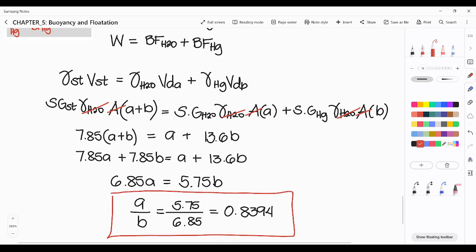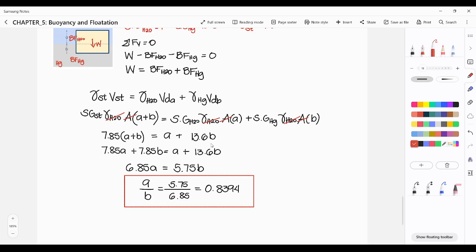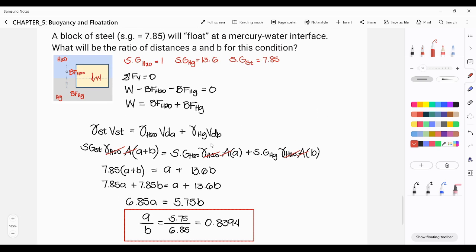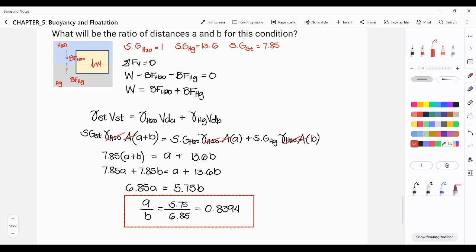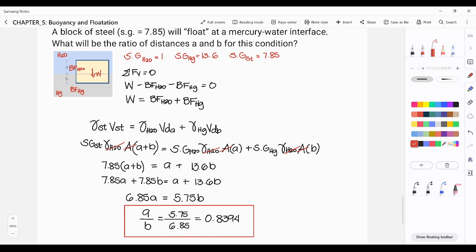Yan yung hinahanap nating ratio of the distances A and B dito sa ating problem, in which a block of steel ay nakalutang sa water at saka mercury, or in a mercury and water interface. So the ratio of A and B is simply 5.75 over 6.85, or in decimal form 0.8394. And that would be all for this problem. Ayan, as usual. Okay, thank you.